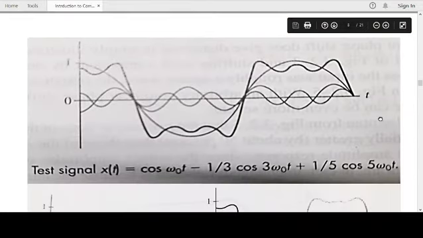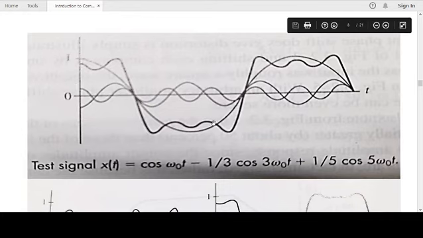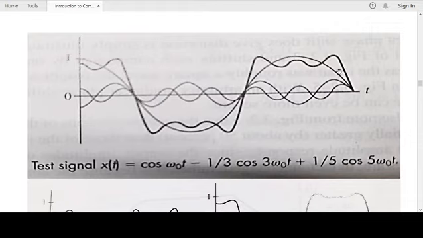Okay, let's see this test case. An approximation of a square wave, as given by, let's say, for example, the fundamental and the first two harmonics. So we have the fundamental frequency omega naught, third harmonic 3 omega naught, fifth harmonic 5 omega naught.